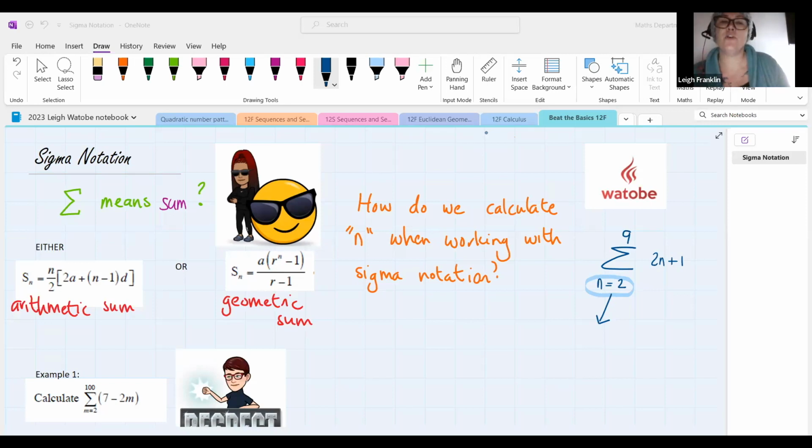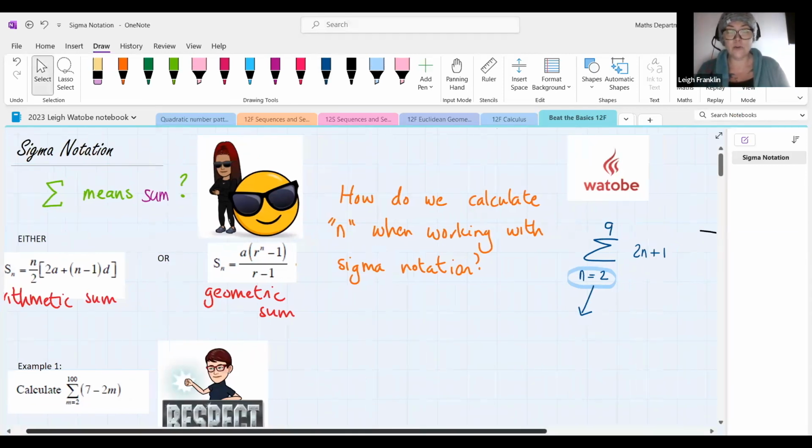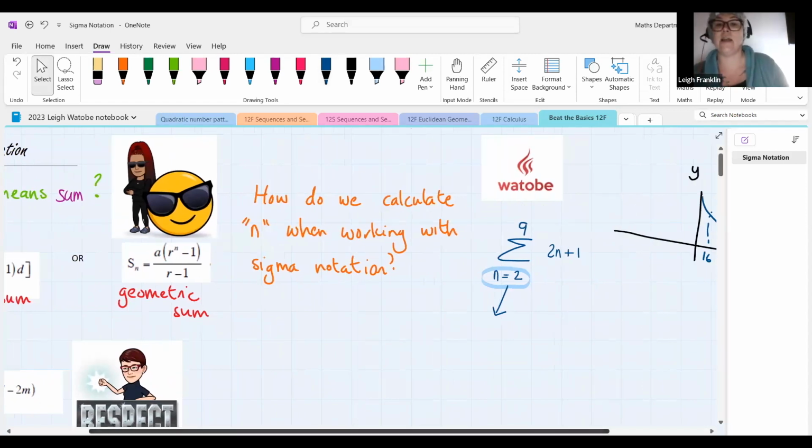Absolutely. Okay, so when I say n equals 2 at the bottom, that is the first number you are going to sub into your rule. Okay, it's how we would calculate our first term. The first term is not 2. But we are going to use n equals 2 to calculate our first term.